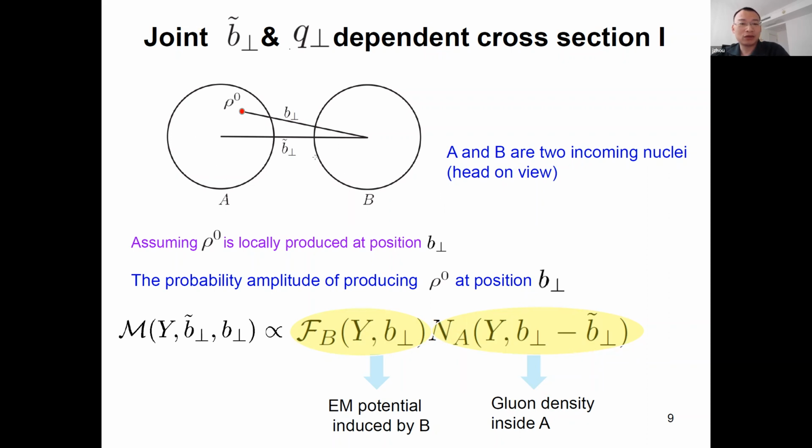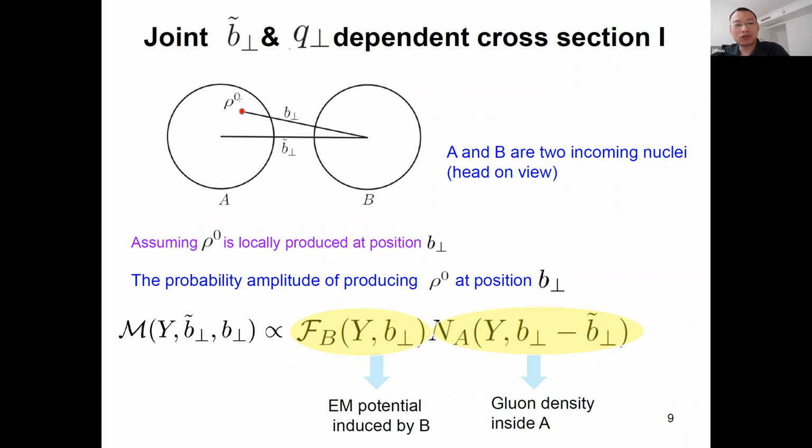This is a head-on view. We assume that the rho meson is locally produced in the transverse plane of one of the nuclei. This should be a good approximation as the Compton wavelength of the rho is much smaller than the nuclear radius.